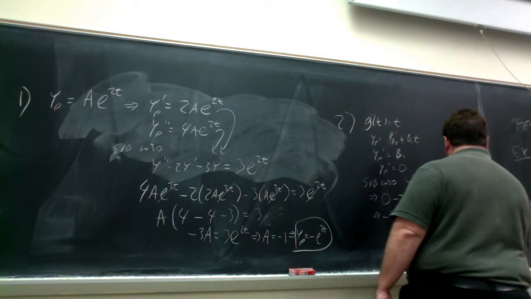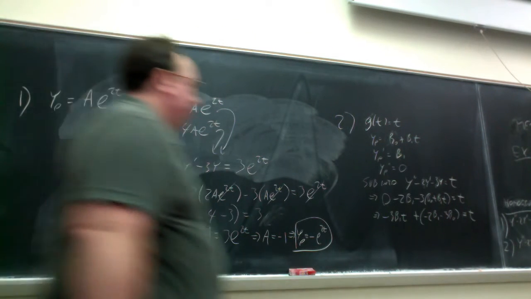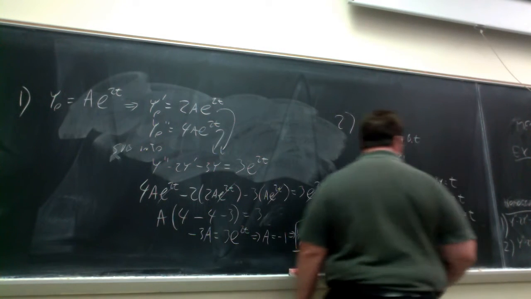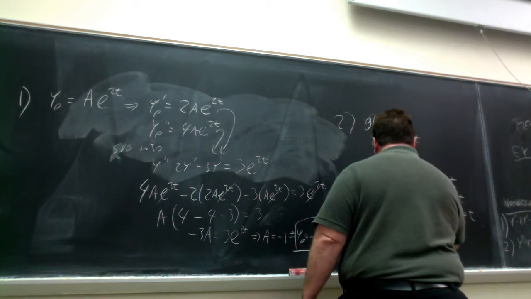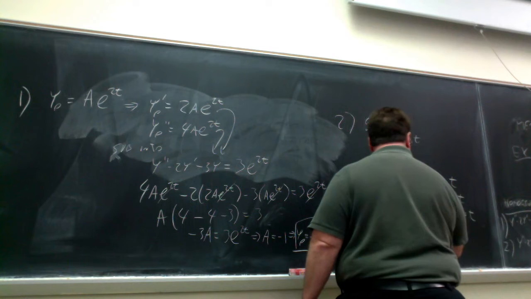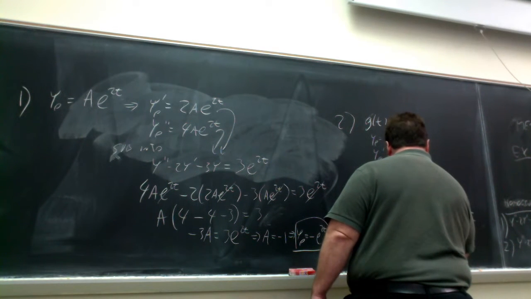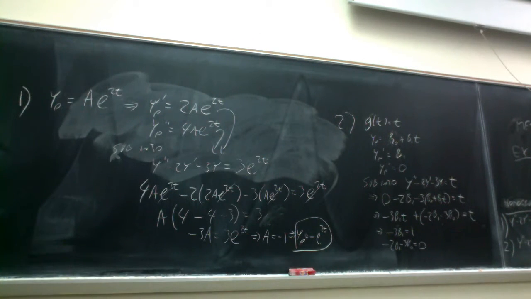And all of that must equal t. So we match powers of t over here with powers of t over here. So the coefficients must all agree. So minus 3b1 must be equal to 1. And then this part, the constant term, must be equal to 0 because there is no constant term on the right side.